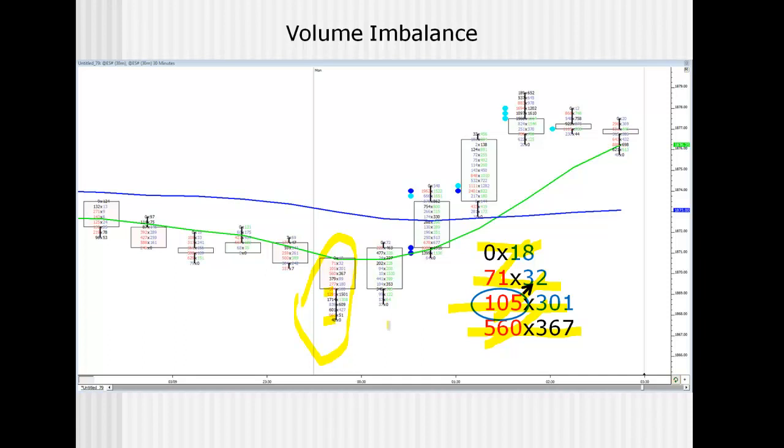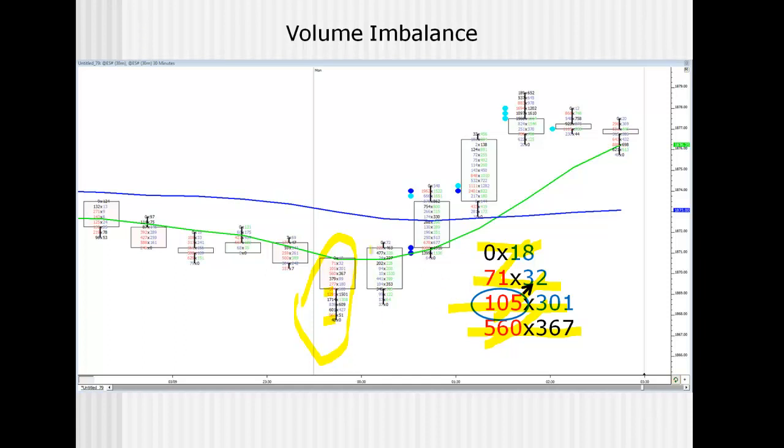However, when we begin to look at the following number, the 661 and the 427 right above it, here we have a more significant variation between 427 and the 661, and the imbalance is in favor of the bid side, and that's why it is in red.